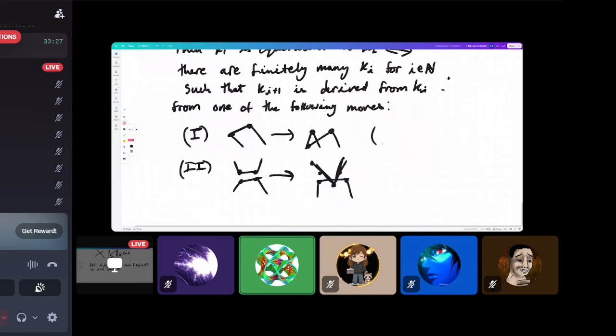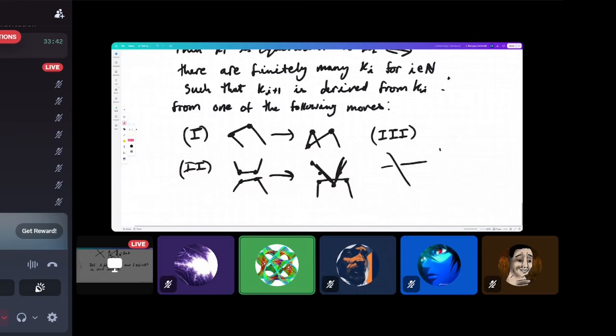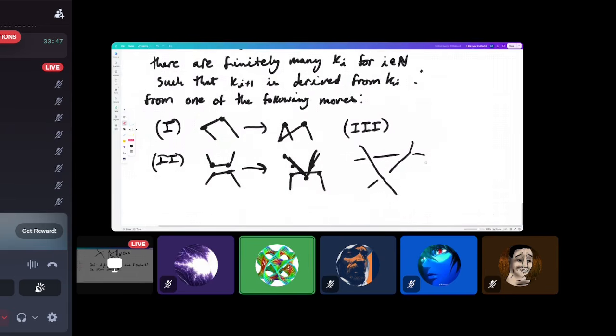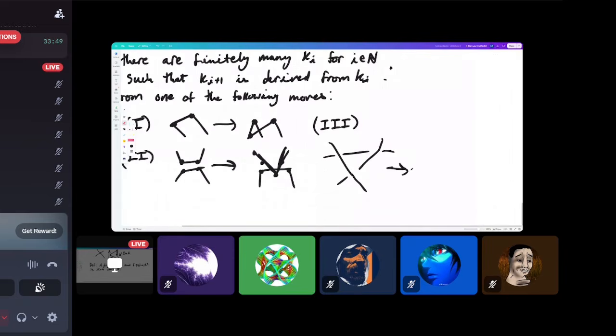And then 3: you can take a crossing. You take this, and it becomes this. Making sure I get the diagram right.